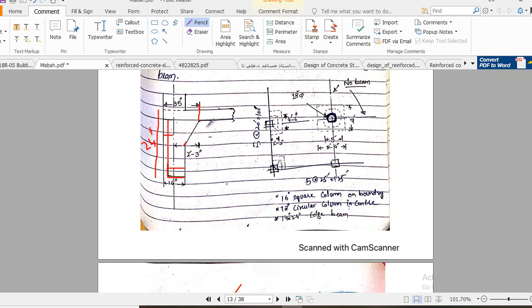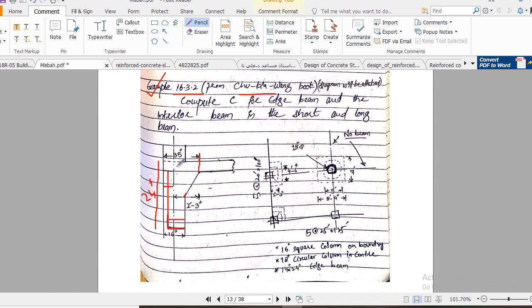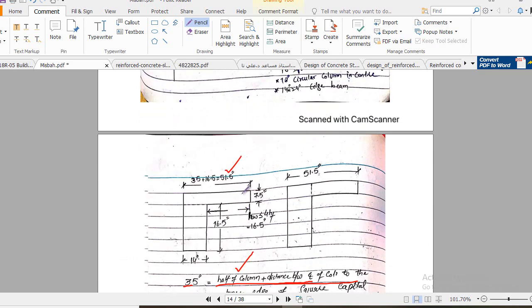So all these things are added up and they got the value of 51.5 inch. Clear? So half of the column plus the distance between the center line of the column to the inner edge of the square capital means this distance, this one, and that is 2 feet and 3 inch. So 2 feet and 3 inch plus this distance, that is 16 divided by 2, it will give you 51.5 inch.